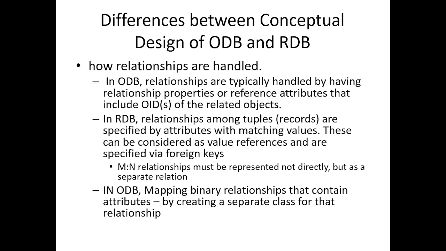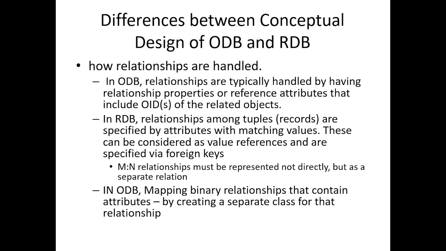Mapping binary relationships that contain attributes is not straightforward in ODBs, since the designer must choose in which direction the attributes should be included. If the attributes are included in each direction, then redundancy in storage will exist and may lead to inconsistent data.